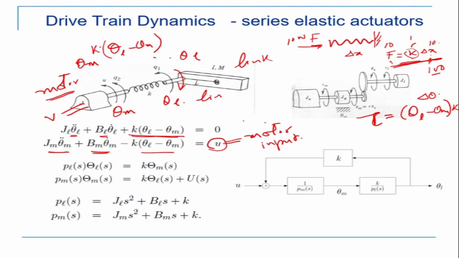The moment you're giving an input to the motor, some of that is causing the deflection in the spring, and the other part of it is going to change the position of the link. Now, you cannot control this part exactly because K is passive, or K is fixed for a particular spring.